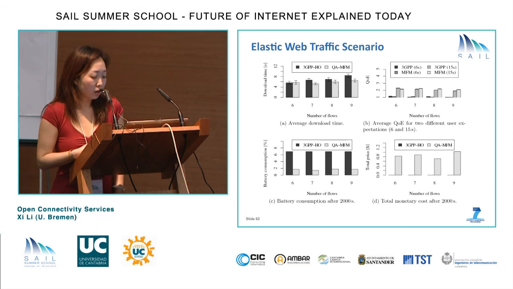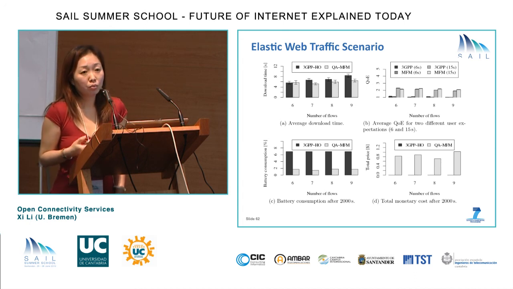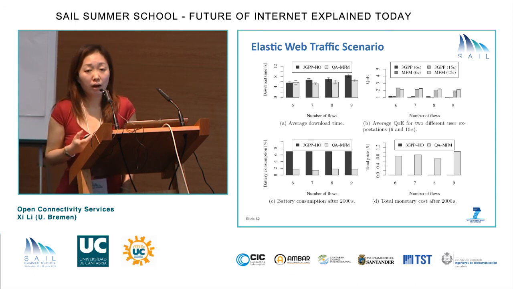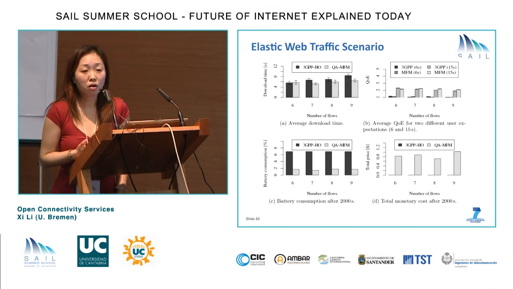So in this case, we gain the quality of experience improvement, and also lower battery consumption, but we need to pay a little bit of cost. So you can see in both examples, by evaluating our flow management approach, we gain in the performance of the user application quality, but we also need to think about the trade-off, how much cost you want to pay, and how much battery consumption will be taken by the user device.